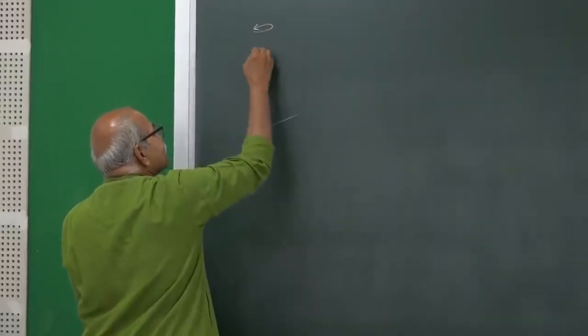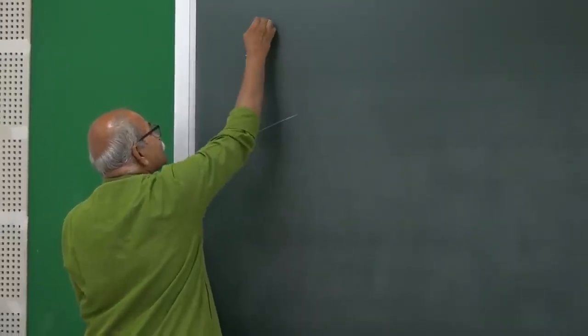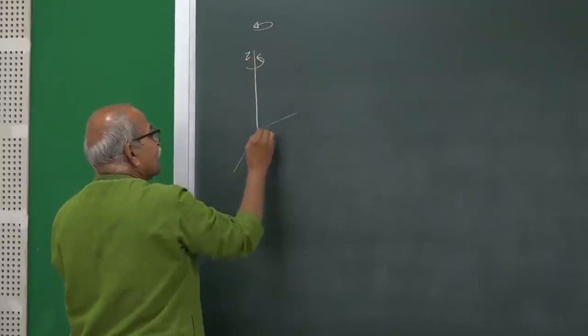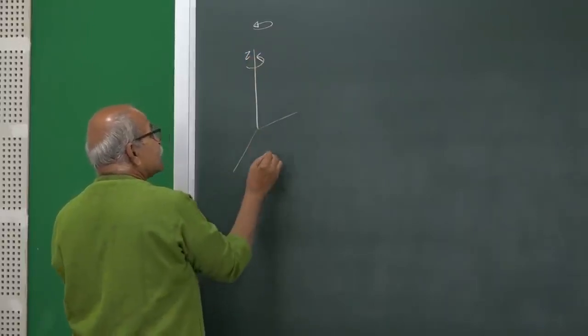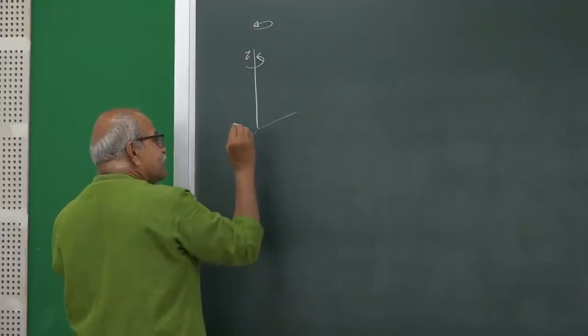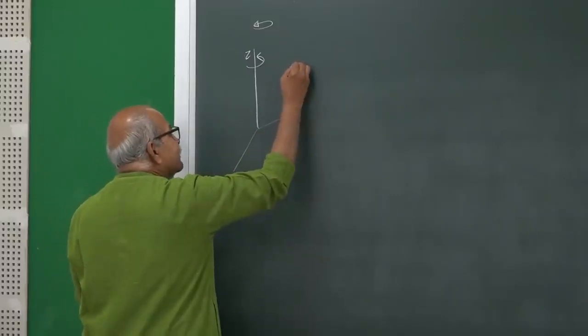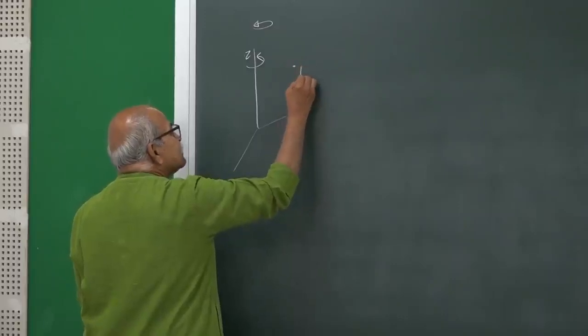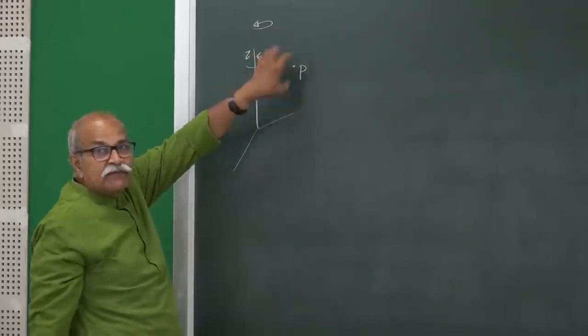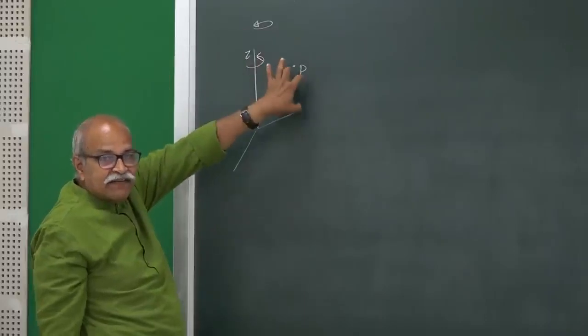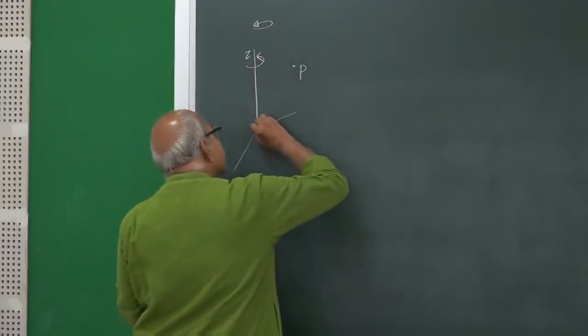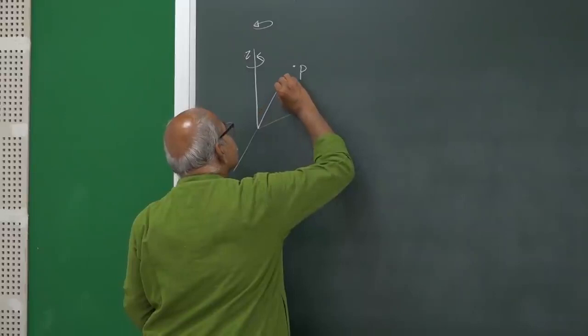Let us take this z axis as the axis of rotation, and then the x axis and y axis are rotating. In this rotating frame, there is a point P which is fixed in this frame, and I am looking at this vector OP.